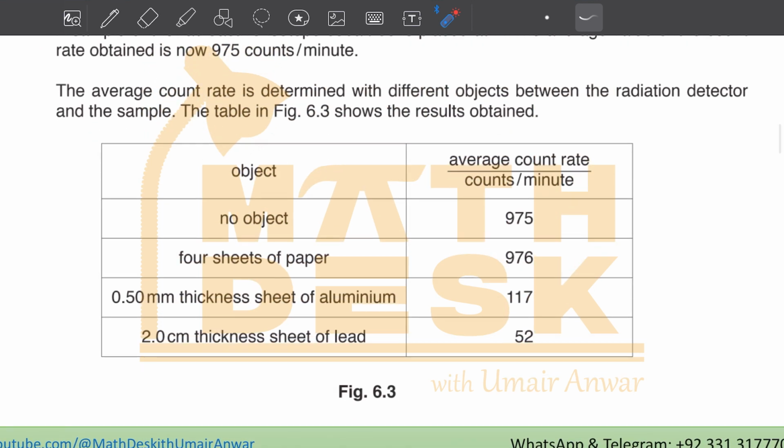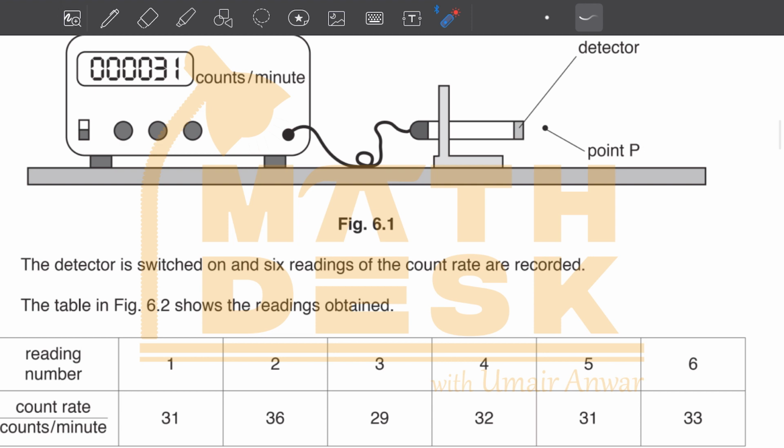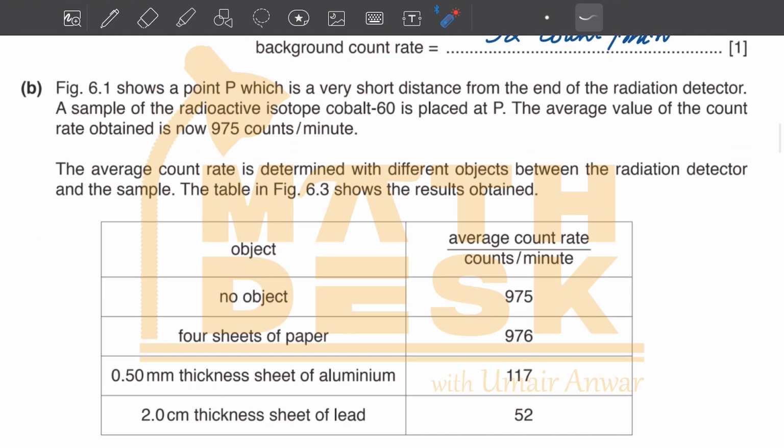So when no object was placed between the detector and the radioactive substance, the average count rate was 975. Then we place 4 sheets of paper between the detector and the radioactive material. So 4 sheets were placed here between the detector and the radioactive substance.